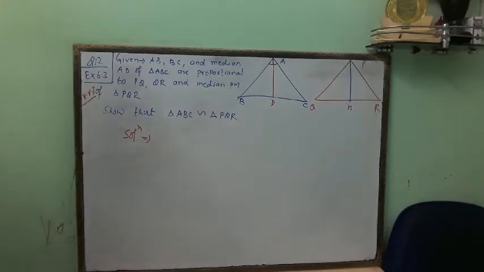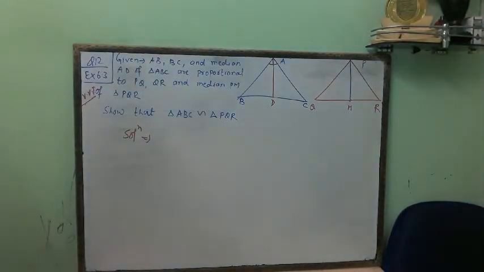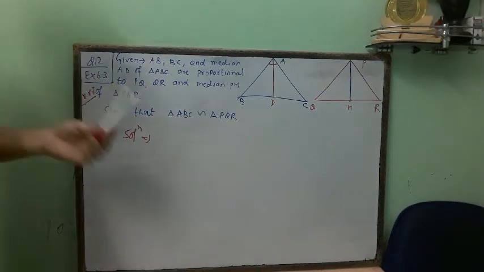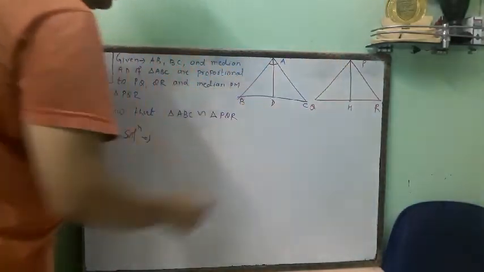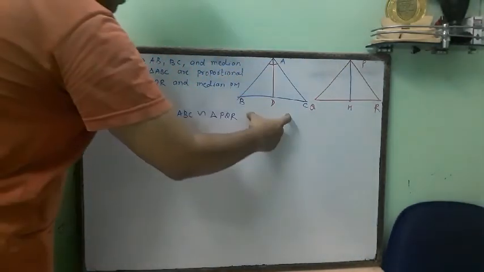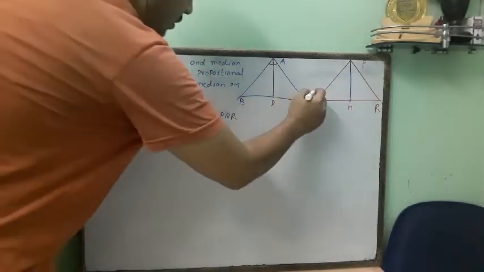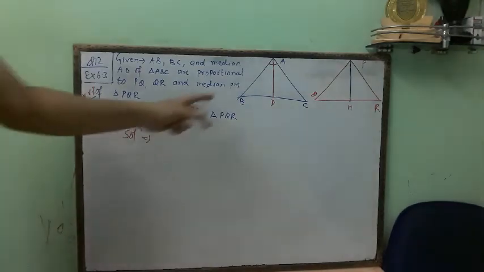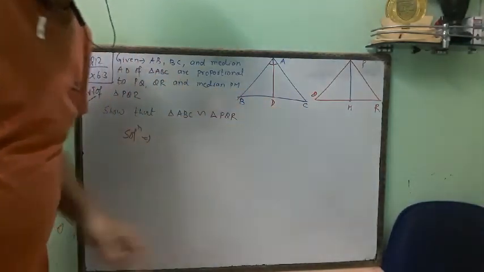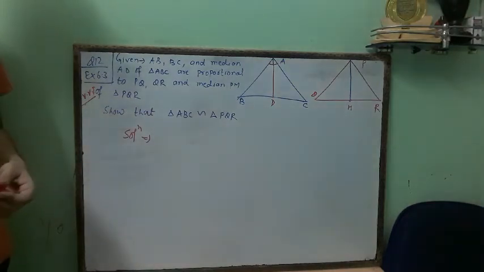Now for making triangle ABC similar to triangle PQR, we have to use the SAS criteria, because AB is proportional to PQ, it is given. BC is proportional to QR, it is given. If we make angle B equal to angle Q, then it will be easy for us to prove these triangles similar.